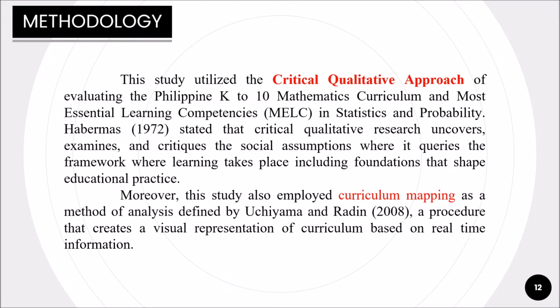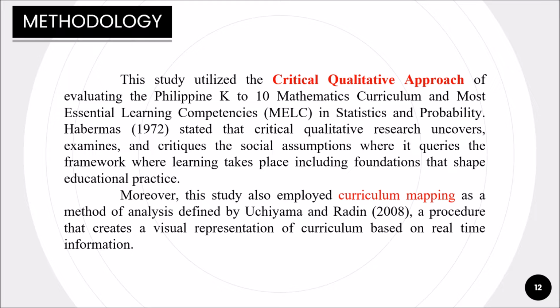This study utilized the critical qualitative approach of evaluating the Philippine K-10 mathematics curriculum and the most essential learning competencies in statistics and probability. Habermas 1972 stated that critical qualitative research uncovers, examines, and critiques social assumptions, where it queries the framework where learning takes place, including foundations that shape educational practice.